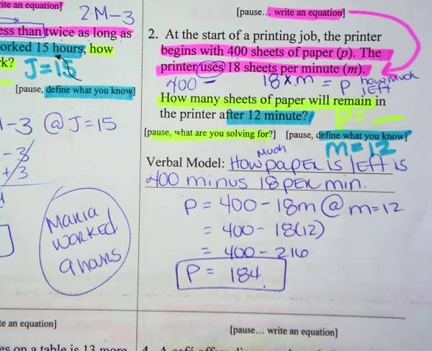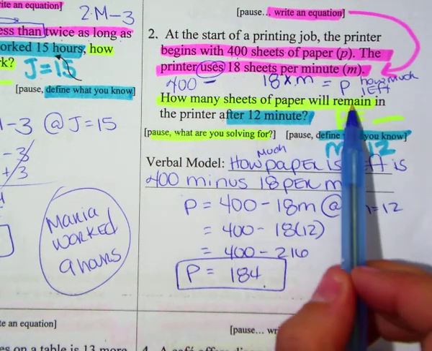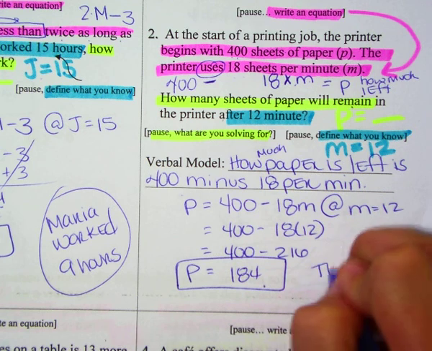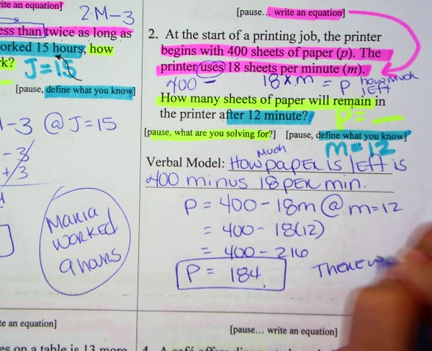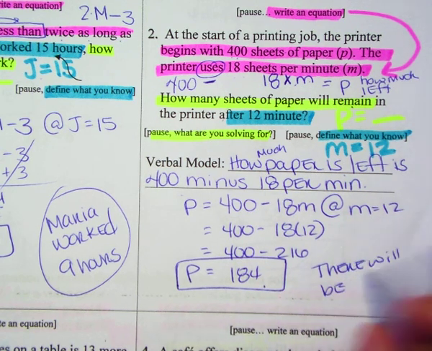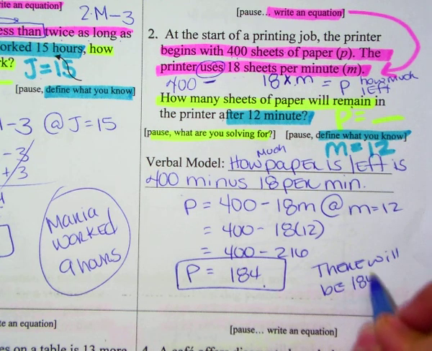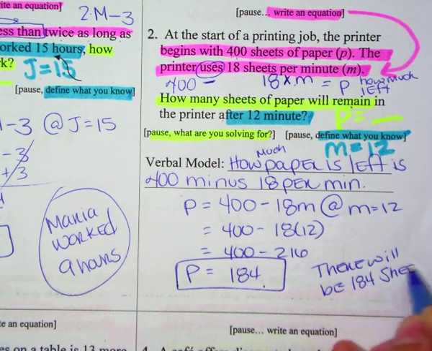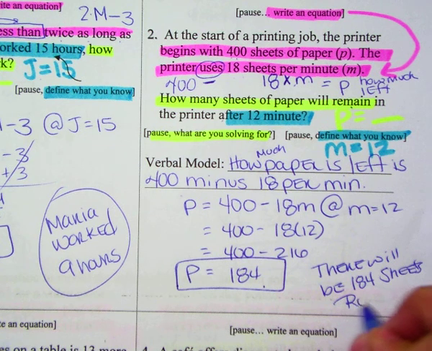What does this mean? How many sheets of paper will remain? There will be 184 sheets remaining.